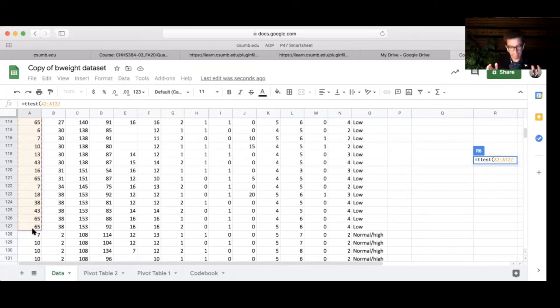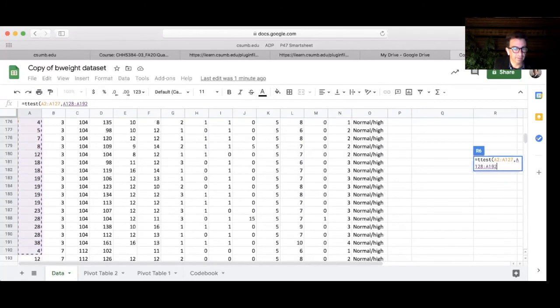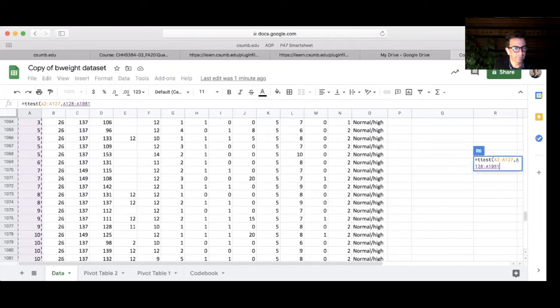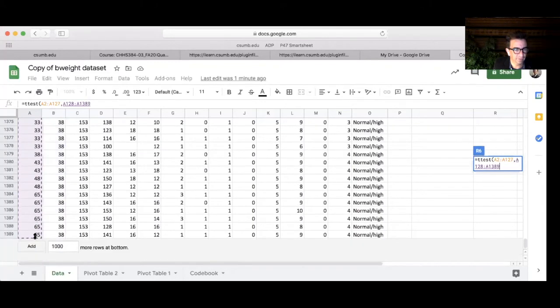This is the family income for babies that had low weight. Then we hit comma. And now we have to select the family incomes for babies that had normal or higher birth weight. So we go here and select them all, and it's 1,388. So we have a ways to go. This is the only kind of tedious thing about the test. Otherwise, it's just a formula. There you go.